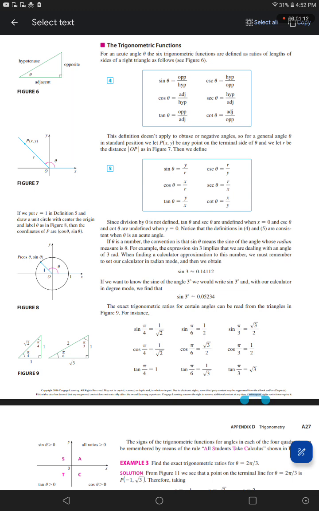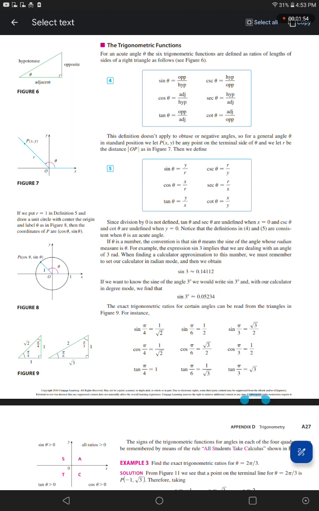This definition doesn't apply to obtuse or negative angles. So for a general angle theta in standard position, we let P of x and y be any point on the terminal side of theta, and we let r be the distance, the absolute value of OP, as in figure 7.